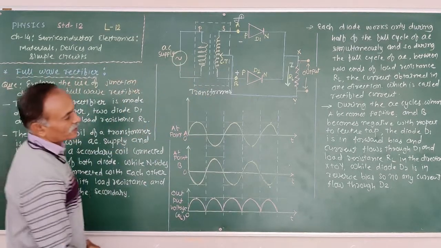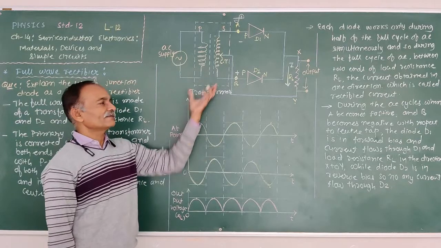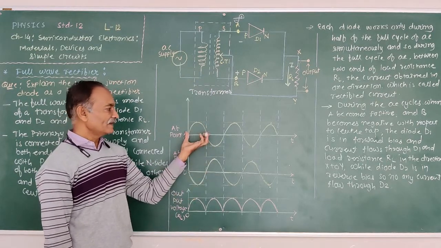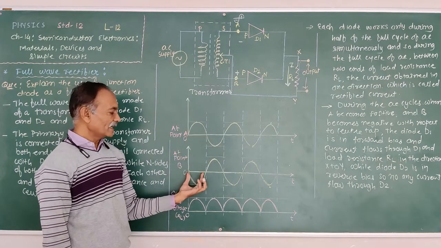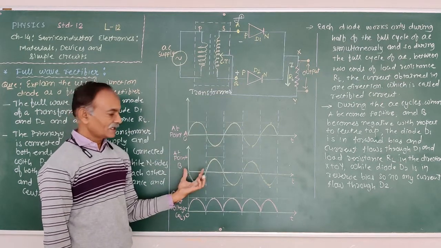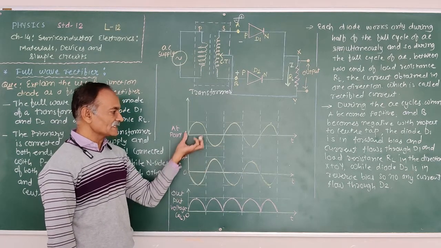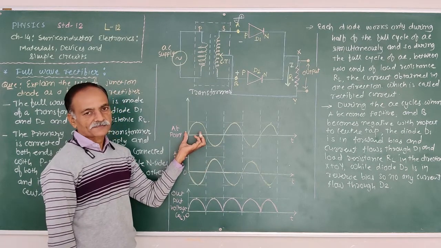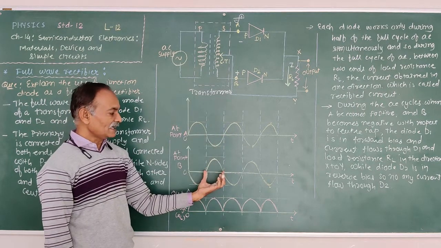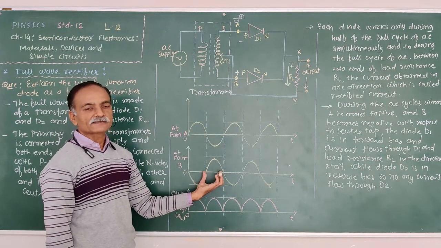And the output, or the applied voltages at points A and B, are shown. At point A, when the positive half cycle is applied, at the same time at point B the negative half cycle is applied. Therefore diode D2 is in reverse bias, diode D1 is in forward bias. When at point A the negative half cycle enters, at the same time point B becomes positive.